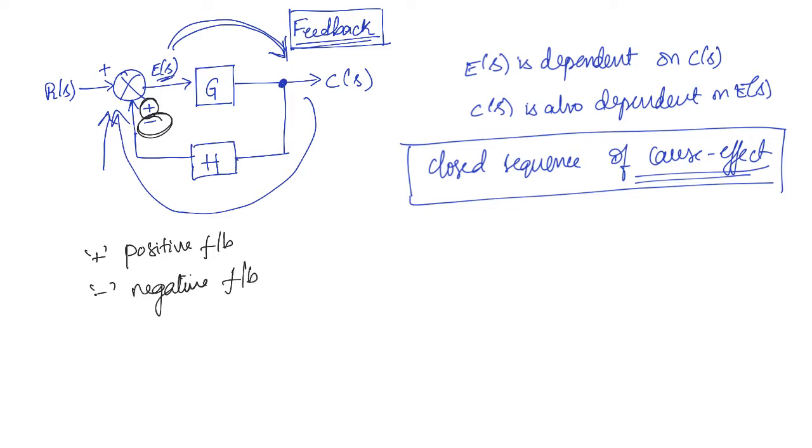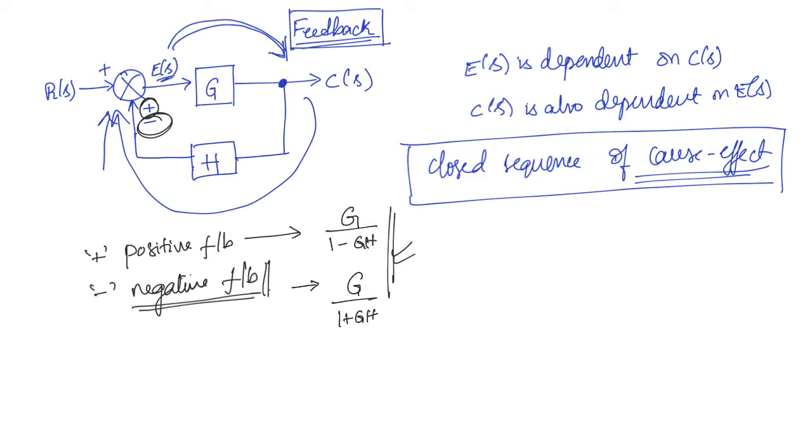We will mostly encounter negative feedback systems, because positive feedback systems are for some specialized applications like oscillators. What is the transfer function of positive feedback systems? It will be G by 1 minus GH, and for negative feedback it is G by 1 plus GH. We have discussed this previously also. Next we will see effects of feedback.